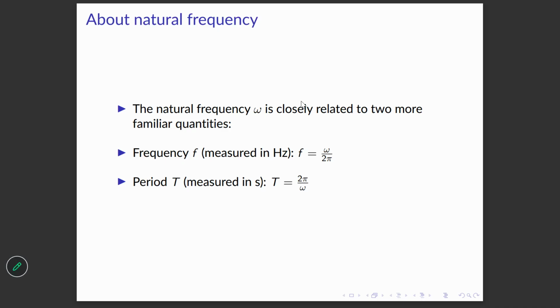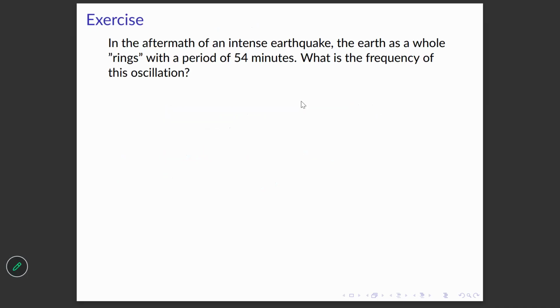Do you see what I'm leading up to here? I want you to understand the difference. No, not just I want you to, you must understand the difference between frequency, natural frequency, and period, and how to calculate one from the other. Let's do an example. I'm going to give you a couple of examples.